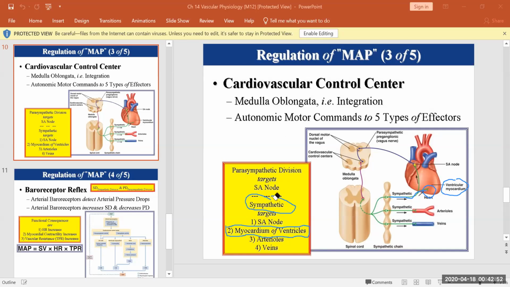So we're done with the heart. Now, what about the blood vessels? So the sympathetic division here can also affect our vascular beds. 3 and 4 are vascular beds. So 3 is arterial and 4 is veins. So these are blood vessels.